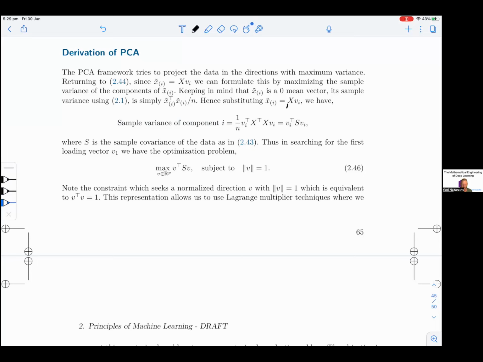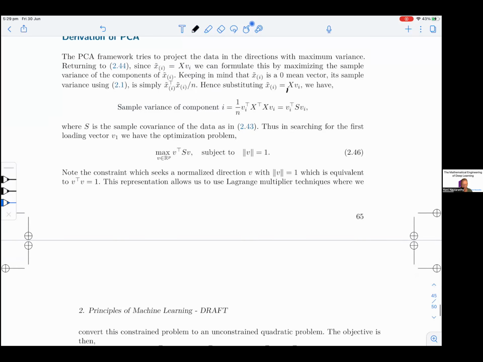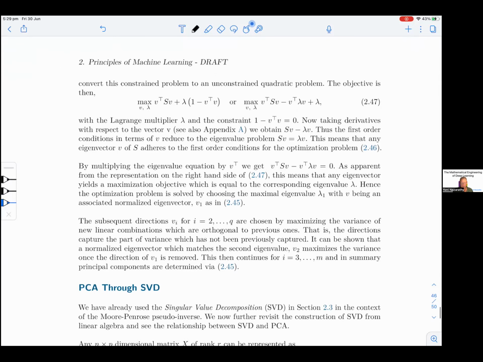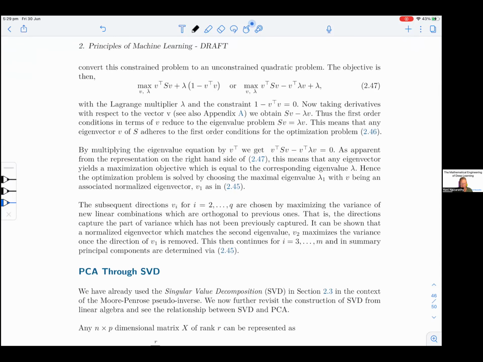This representation allows us to use Lagrange multiplier techniques, where we convert this constrained problem to an unconstrained quadratic problem. The objective is then maximization over the vector V and lambda, which is a Lagrange multiplier, okay, of what we wanted to optimize previously.